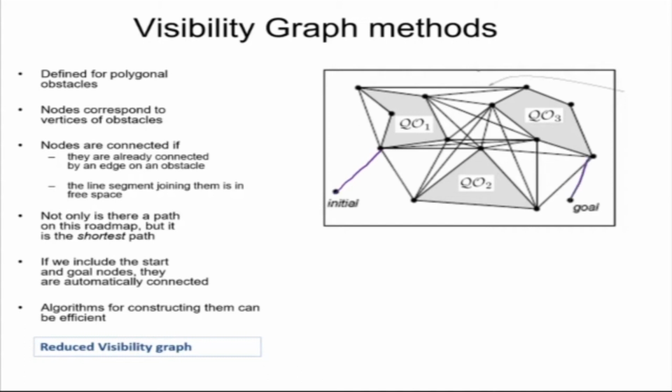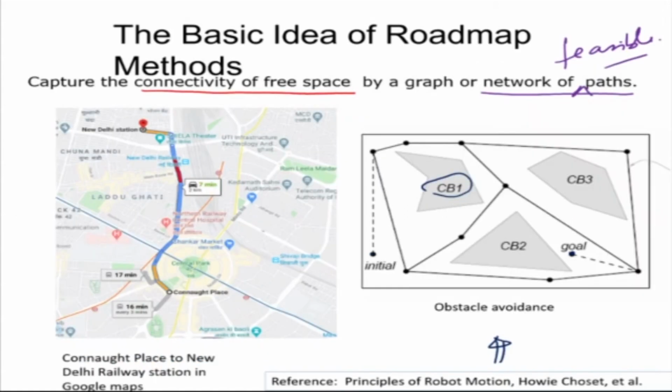And then as you can see here, there are multiple paths which can take the robot from the initial point to the goal point, and then we find which is the shortest length path, etc. Okay, so these are all called roadmap methods because they capture the connectivity of free space by a network of feasible paths, and then they find the path which will take it from the initial point to the goal point.